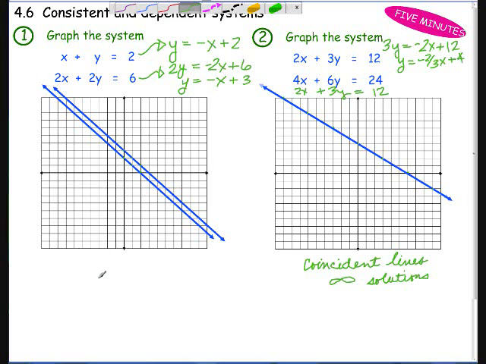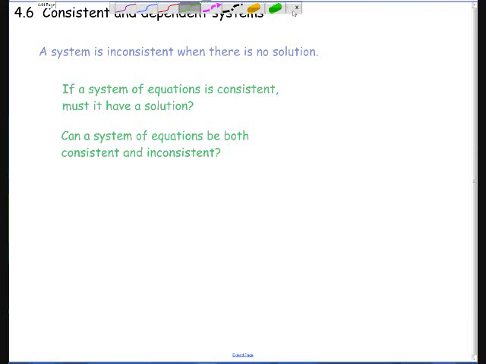Back here, remember, we had parallel lines, and we had no solution because they will never touch. That's our review. Let's go on to the definitions here.